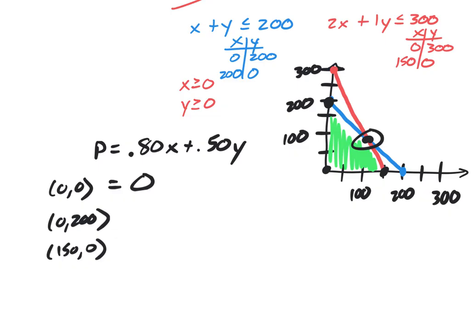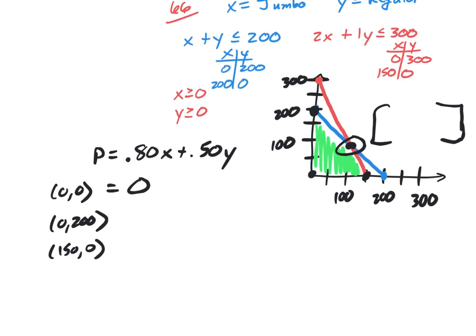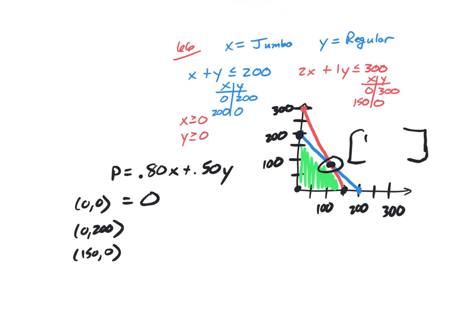Okay, and once again, don't try to look at your graph to determine what those points are going to be. We never really know what those points are going to be. So don't try to use your graph to determine that. That's where you would go to your matrix. And you would put in 1, 1, 200, and then 2, 1, 300. Kind of like the very first problem that we did. First equation, second equation, put it into the matrix.